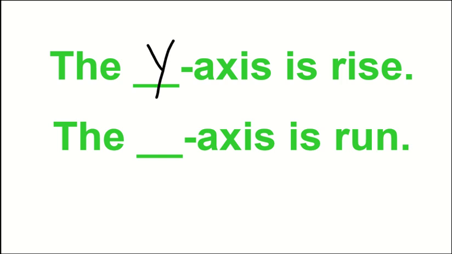Then which axis is run? X. So if it's rise over run, we're doing something with the Y over something with the X. So when we do it with ordered pairs, what we're going to do is change in Y over change in X. It's how much the Y values change, how much the X values change. Okay?